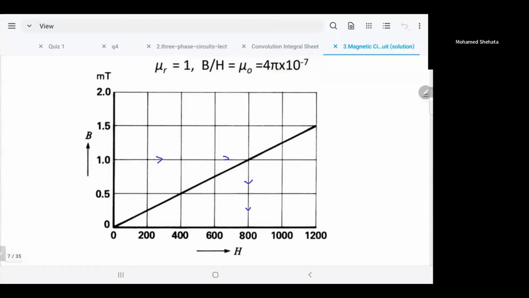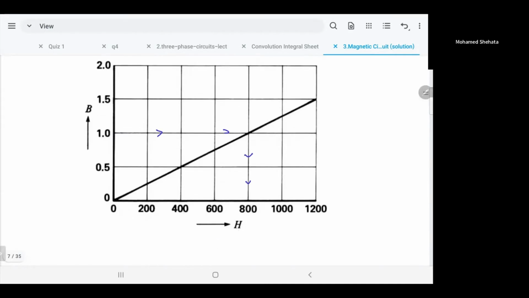So in this example, if you want 1 millitesla flux density, it needs 800 units of H. Obviously, the relationship is linear between B and H in free space. And we know the relationship B is equal to mu H. In this case, you have only free space, so mu will be equal to mu naught. So you can say that B over H will be equal to mu naught, and that's the slope of the straight line. It's only for free space.